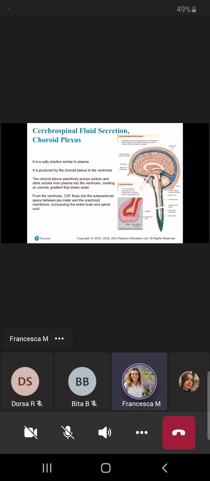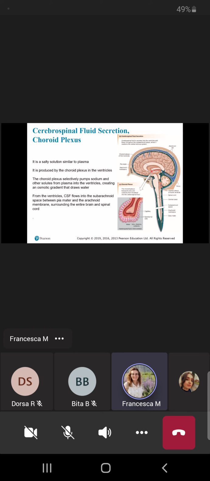Thanks to this localization, thanks to the osmotic gradient, ions, molecules, and vitamins move from the capillary to the cerebrospinal fluid, creating its composition. That's why the composition of the cerebrospinal fluid is similar to plasma, because the majority of these molecules come from the blood and is located basically down here.